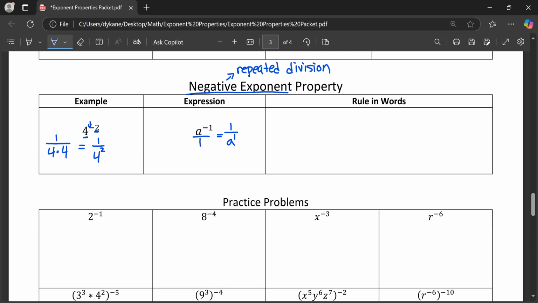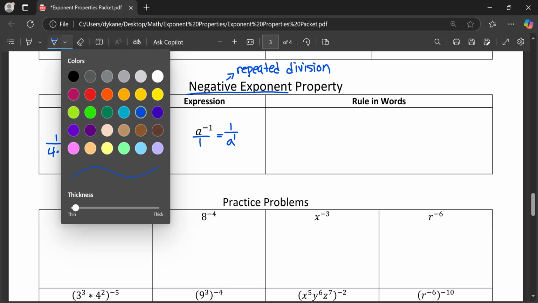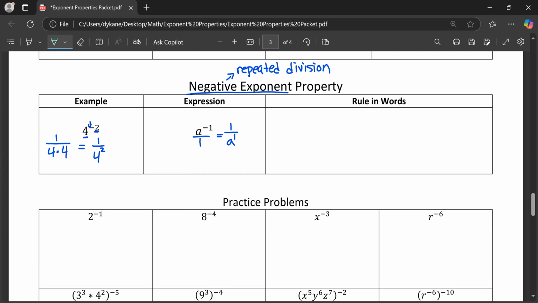Okay. This also comes up, you can have negative exponents in the denominator of a fraction, right? So let's say I have b over a to the negative 1, right? What's going to happen is that a is going to go from the bottom of my fraction to the top.